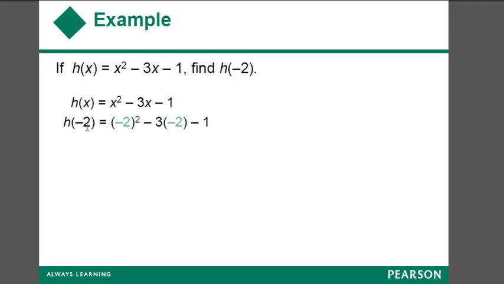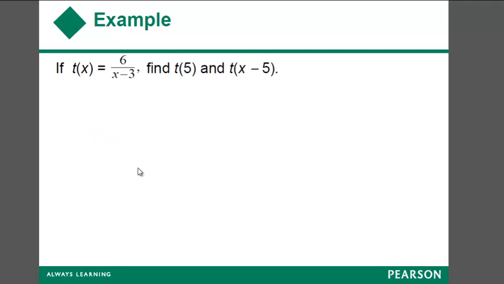Well, my entire x is a negative 2. Then I'm going to simplify. Negative 2 squared will become 4. Negative 3 times negative 2 is 6, minus 1. 4 plus 6 is 10, minus 1, which will be 9.